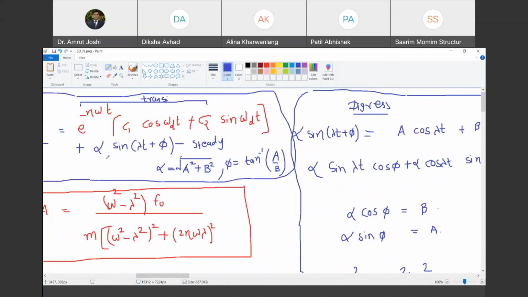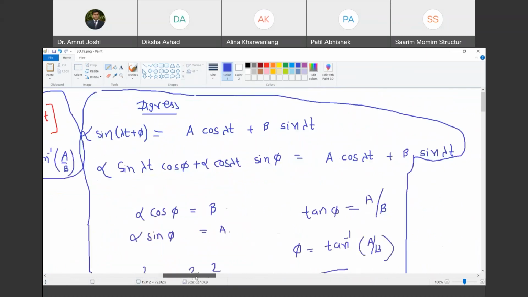It is alpha sin of lambda t plus phi. What is differentiation of this? It will be lambda cos of lambda t plus phi into alpha. Are you with me? इसका differentiation lambda, that will come out. Sin lambda t plus phi का differentiation cos lambda t plus phi.